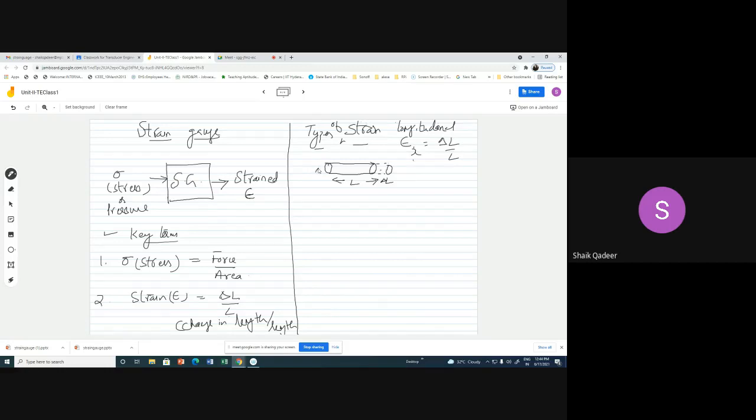There is a chance that, because of the application of strain, the diameter may also change. This is the actual diameter D, and it may shrink to D minus delta D, or become D plus delta D. Let us consider the positive strain only, otherwise we will get confused.